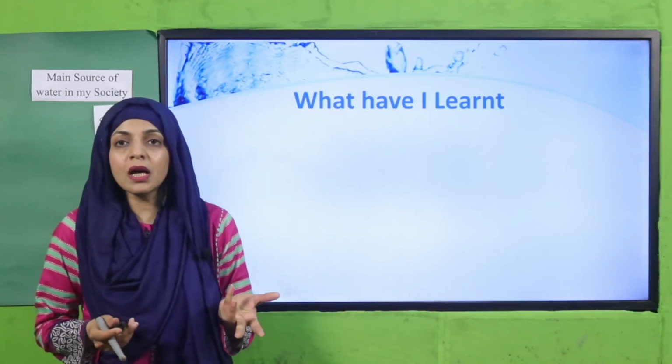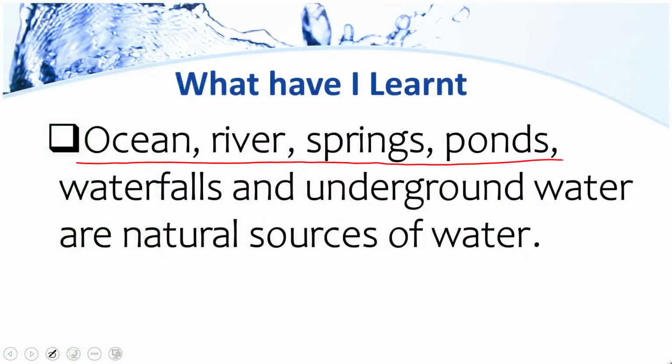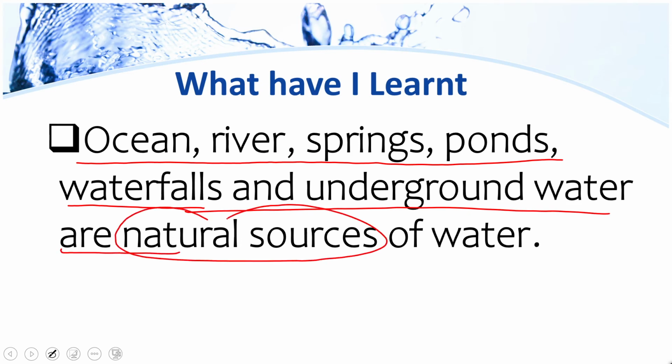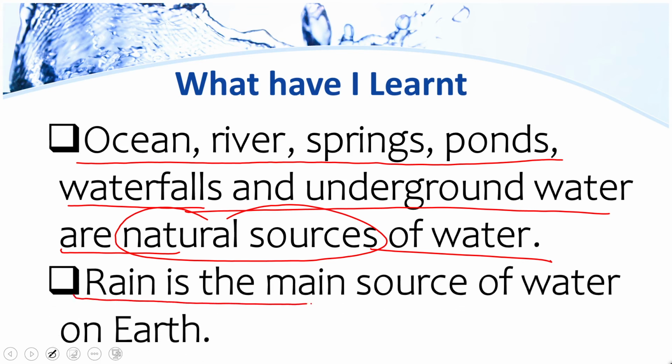So what have we learned today, my dear students? Ocean, rivers, springs, ponds, waterfalls, and underground water are natural sources of water. Rain is the main source of water on earth.